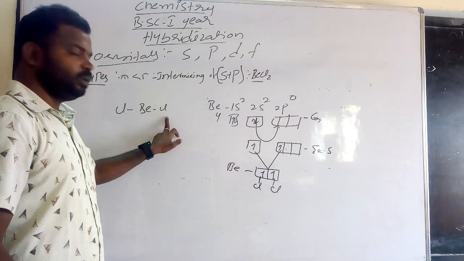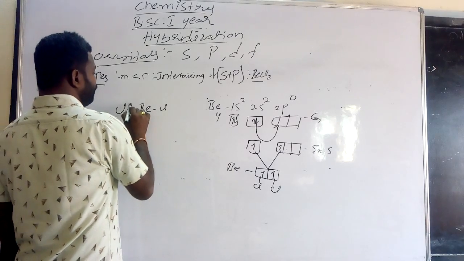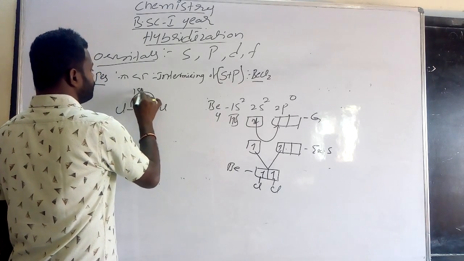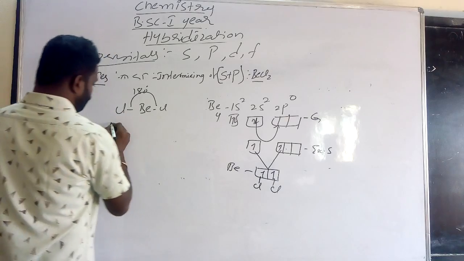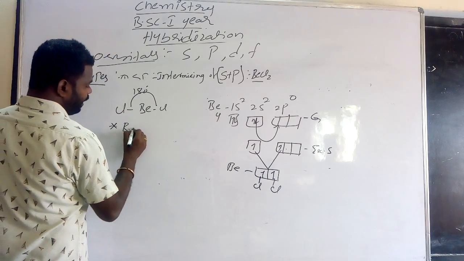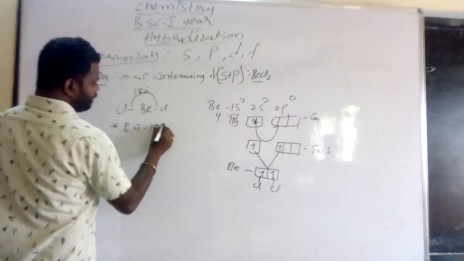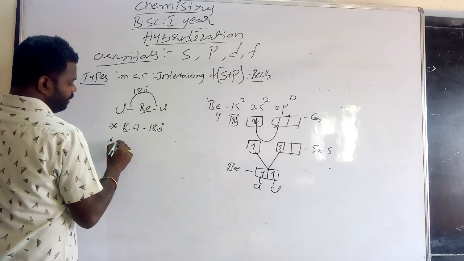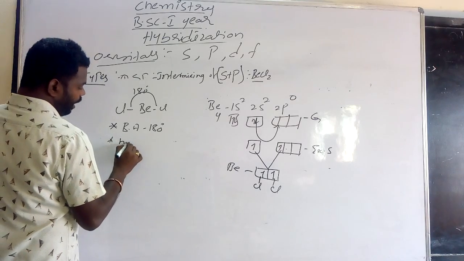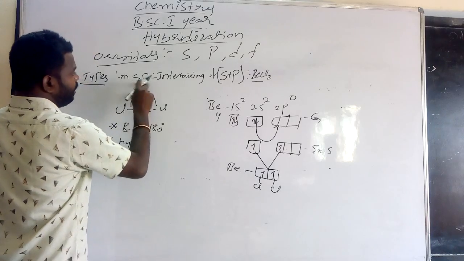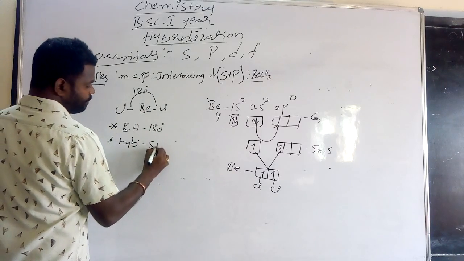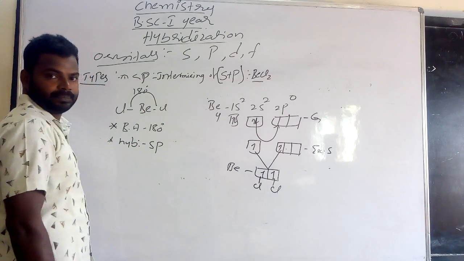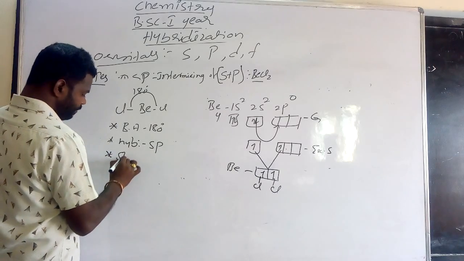Beryllium reacts with 2 chlorines. In between the 2 chlorines, the bond angle is 180 degrees. So bond angle 180 degrees. And hybridization is sp hybridization, as we already discussed. Shape of the molecule.